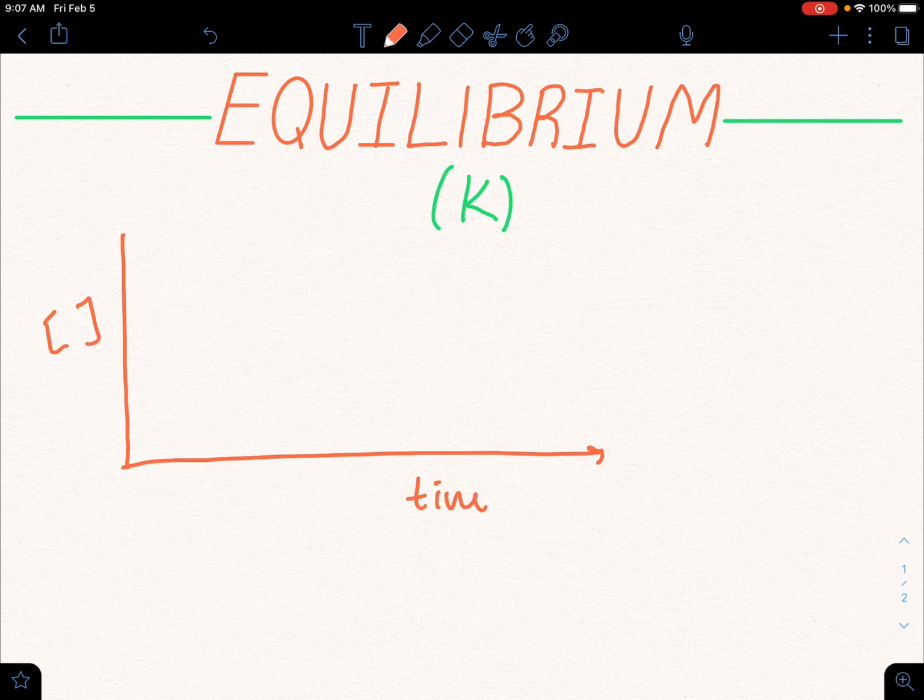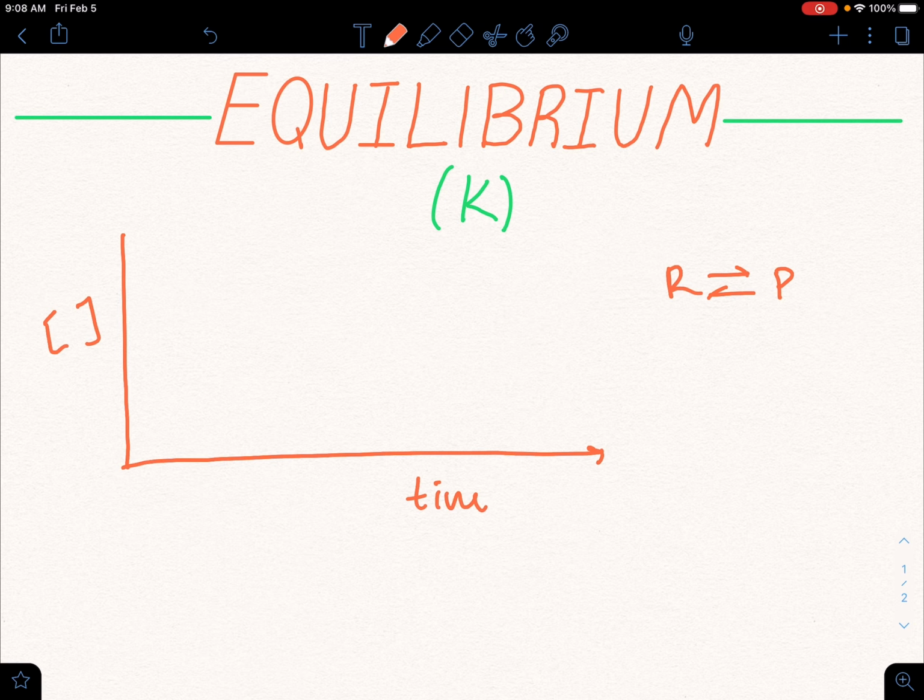And remember, we had some reactant and then some product. Well, in this case, equilibrium has to do with the state in which the rate of the forward reaction is equal to the rate of the reverse reaction. So that means the reaction doesn't stop. There's no net change in the concentration. But again, that doesn't mean the concentrations are equal. It just says that they stop changing.